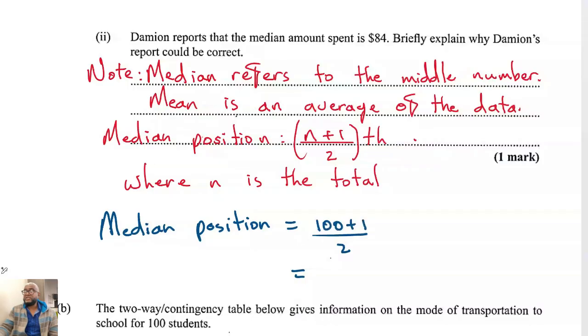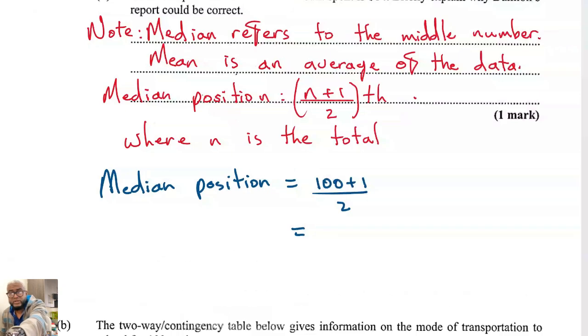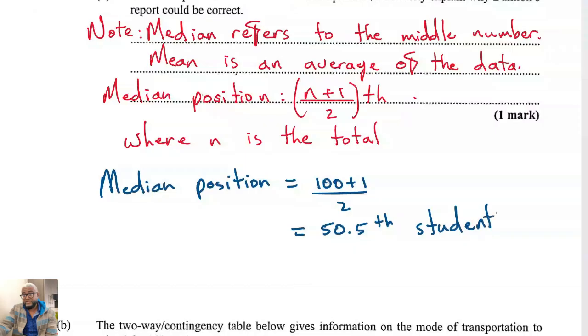So we're looking for 100 plus 1, which will be what? 101. 101 divided by 2 will give me what? 50.5. So we're looking for the 50.5 student, all right? I'll show you how we're finding this.